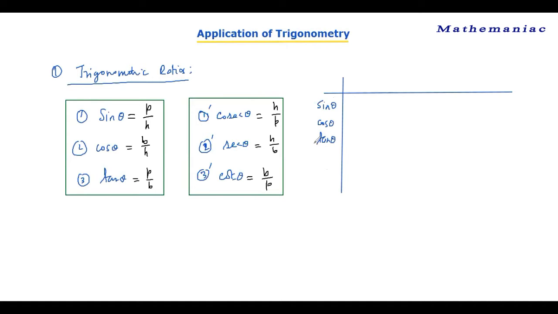Then the reciprocals: tan theta's reciprocal is cot theta, cos theta's reciprocal is sec theta, and sine theta's reciprocal is cosec theta. We have written it in this particular way as a memory aid, so that we will not forget these ratios. The angles are also kept in this particular order.